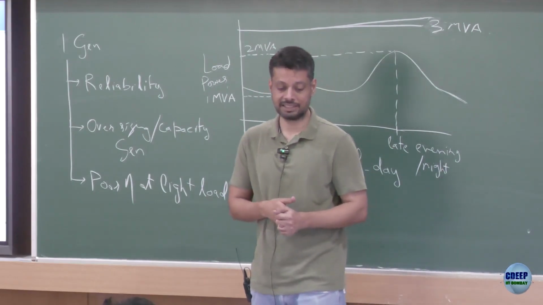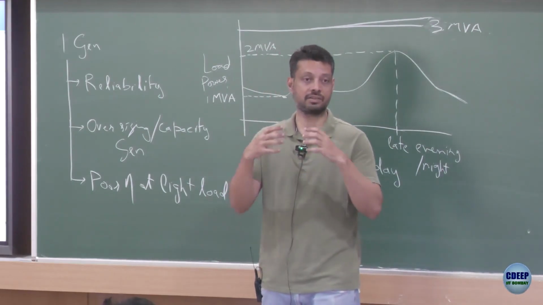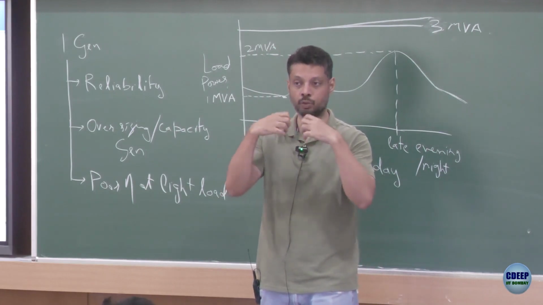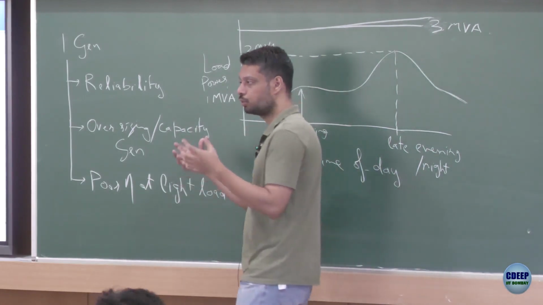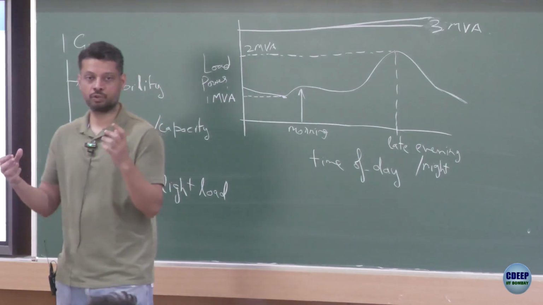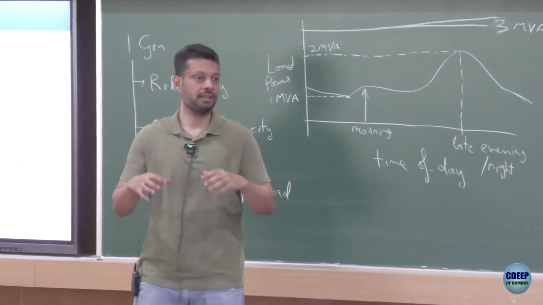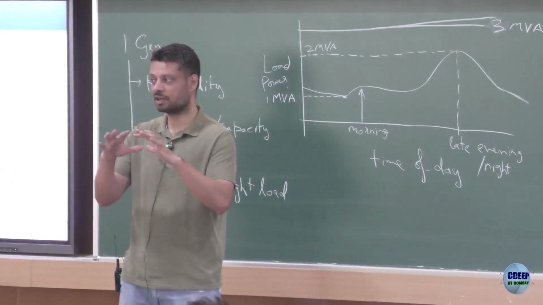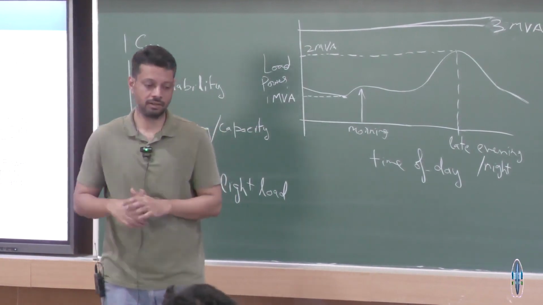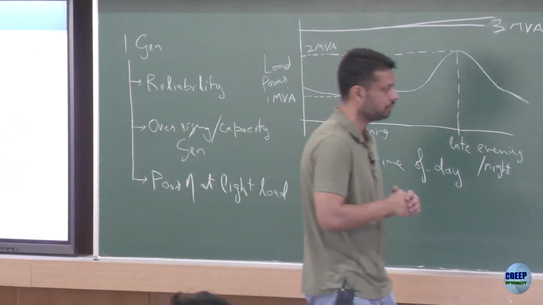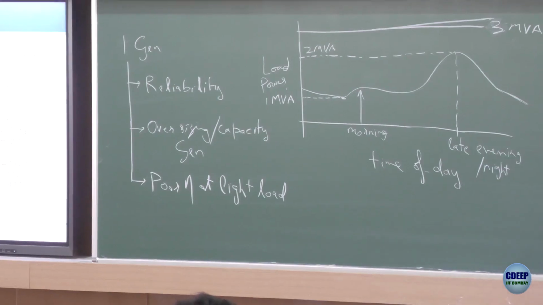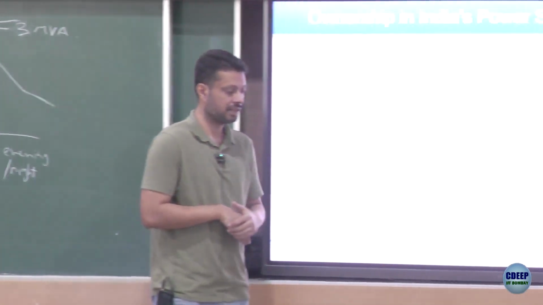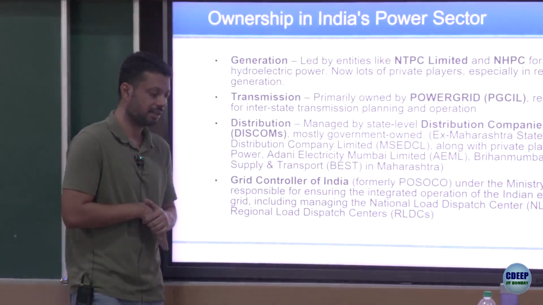What it does is it essentially manages the power going to the loads, the load scheduling, the load management, how much power should flow from point A to point B. So it's more of a control and management activity. So this is roughly how the different players in the Indian power sector are.